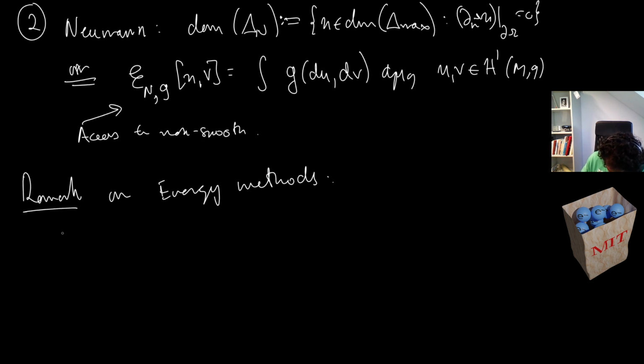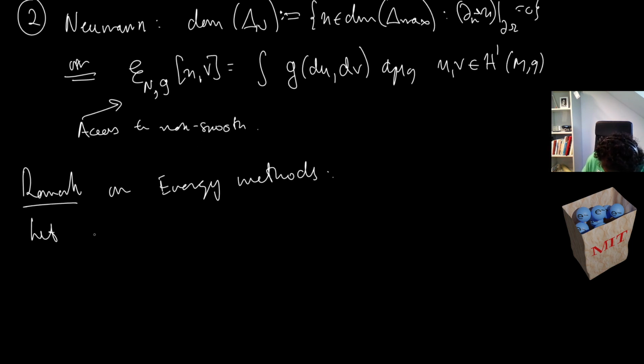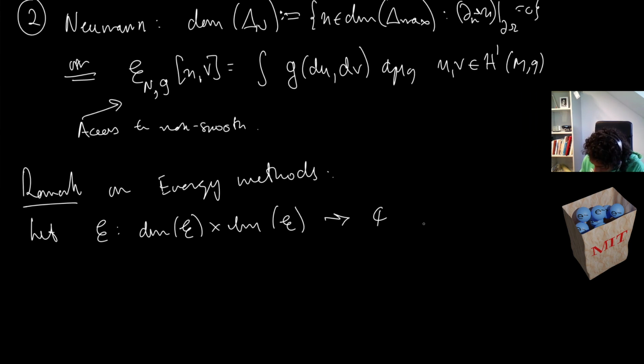So let E, dom E cross dom E to C, be a symmetric form, right?